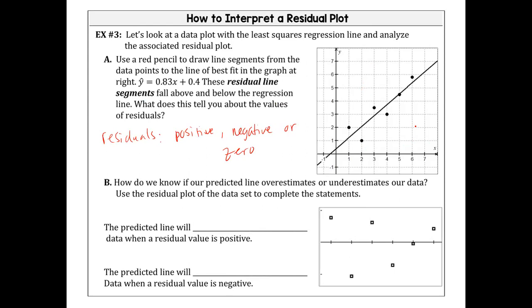When you have residuals that are above the line, they're going to be an underestimate. So like these right here, this right here, these are what we call underestimates.